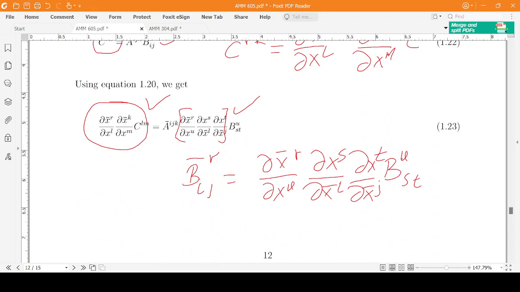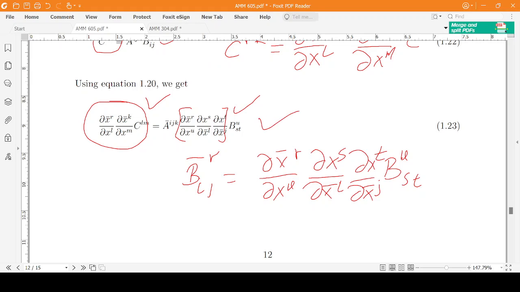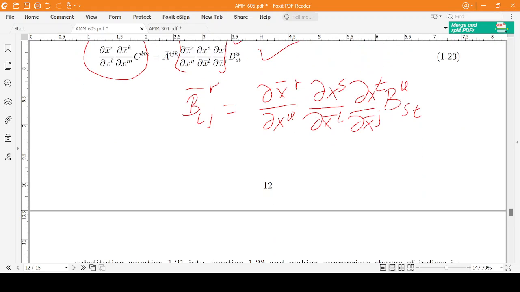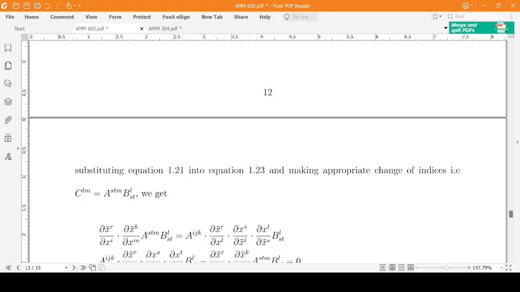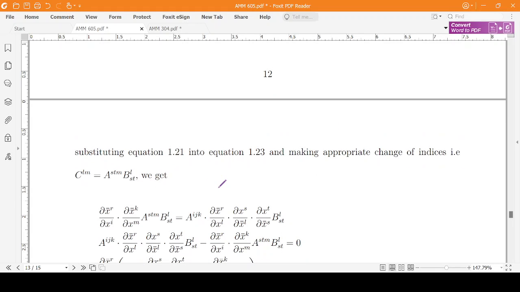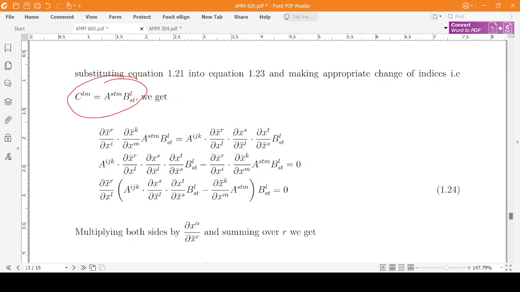We substitute into the equation that we have obtained here, then we change the indices using this equation now. Then we end up with this equation. Now, from here we can bring this term to this other side. We just move this term to here so that we have this equation.